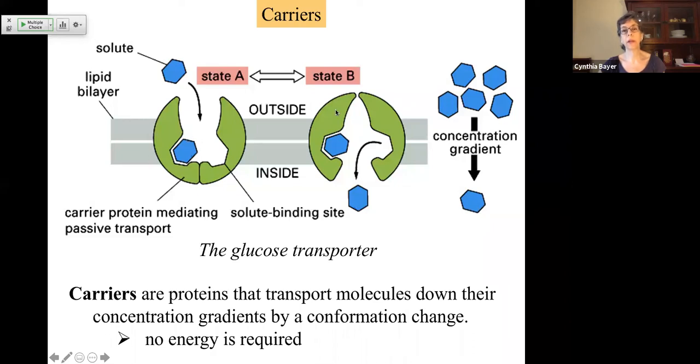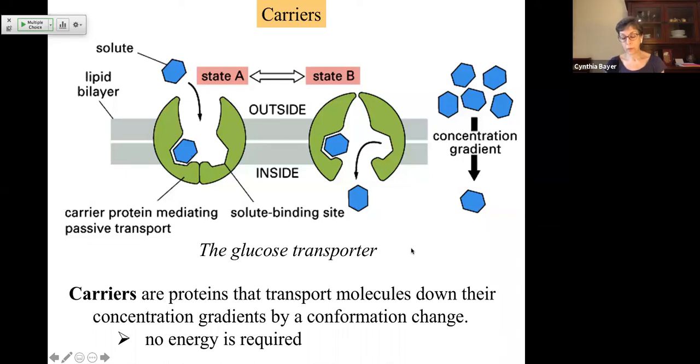And this protein has a couple of different conformation states. And depending on the concentration of the solute, it will randomly bind to this site in this protein. And if there's more solute on one side, then the net movement of that solute will be down its concentration gradient, in this case, from the outside of the cell to the inside.